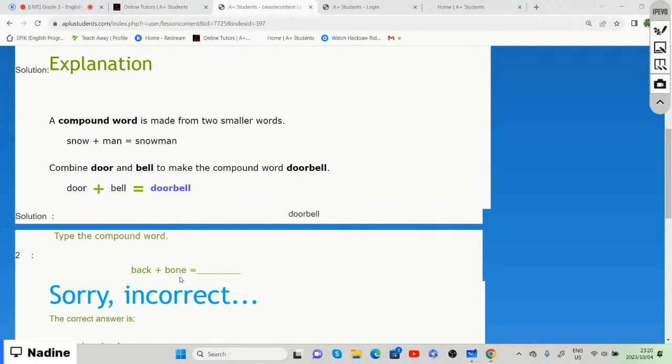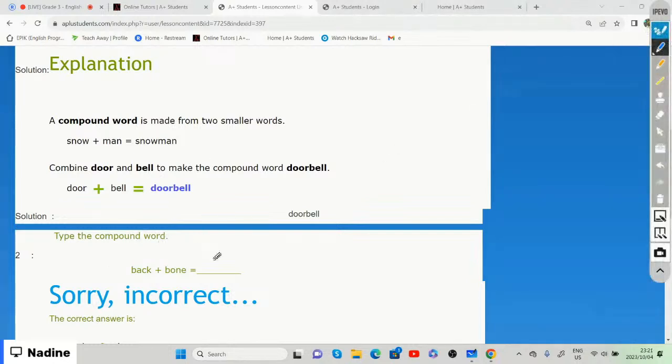All right, so if we type our compound word, back plus bone is backbone, right? So that is the compound word, and the compound word is made up of two smaller words.